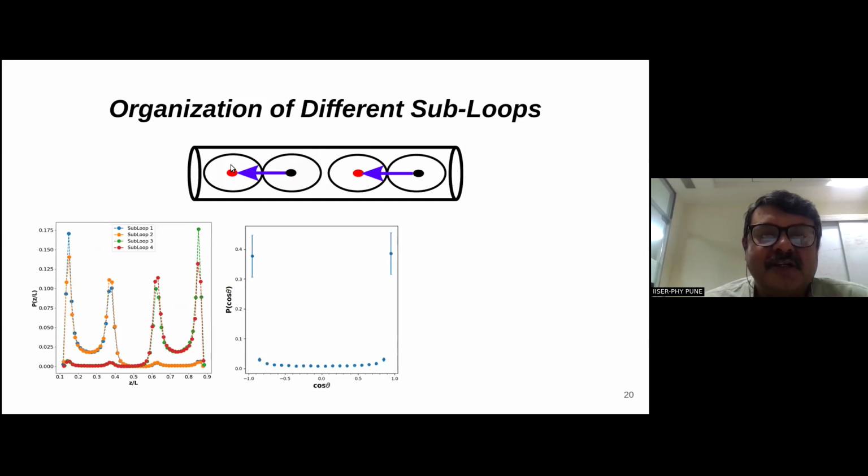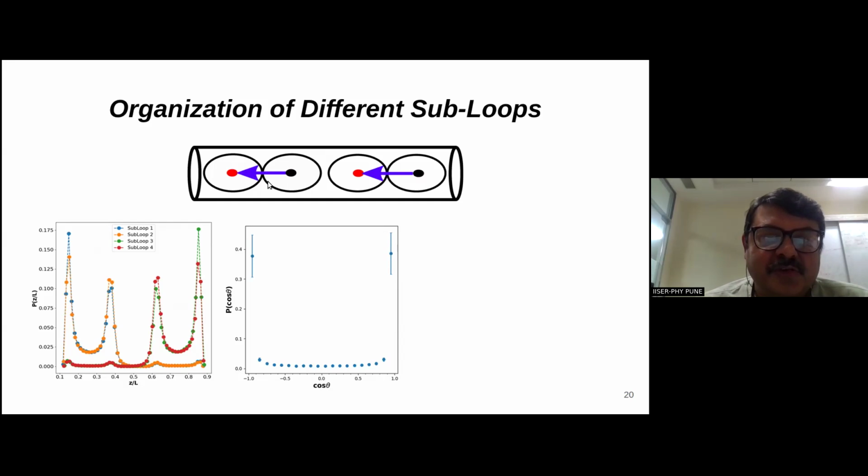Then of course the two ring polymers will segregate to two halves of the cylinder, but now you have two smaller rings inside each ring. And these smaller rings which are connected here will also entropically repel each other, right? So not only does this polymer repel this polymer, the smaller internal rings also repel each other.